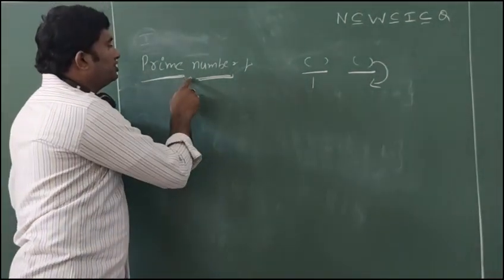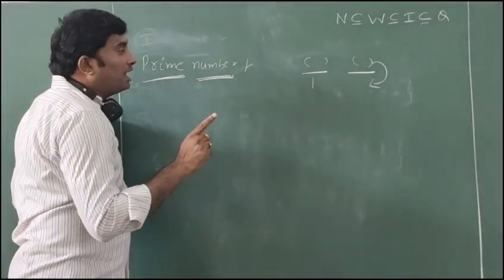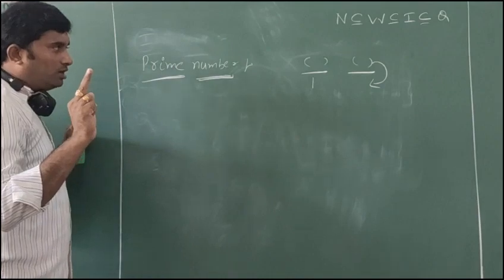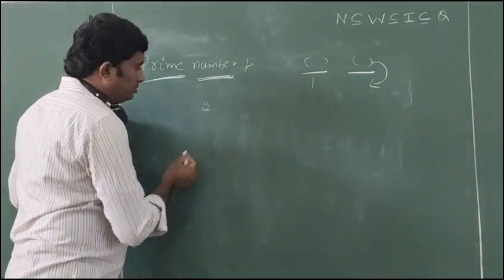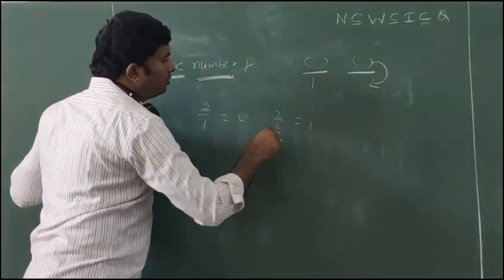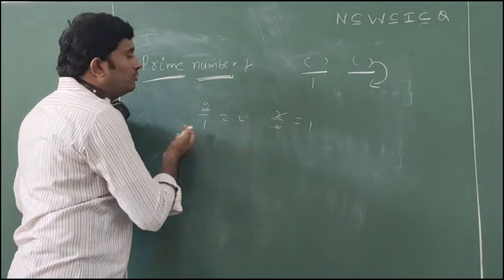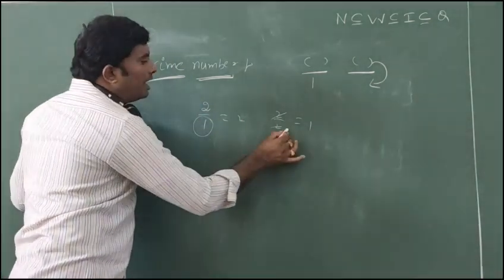Tell me, what is the definition of a prime number? You take a number that has only two factors, 1 and itself. For example, take 2. 2 is divisible by 1 and also divisible by itself: 2 by 1 is 2, 2 by 2 is 1. So only two factors for 2, 1 and 2.